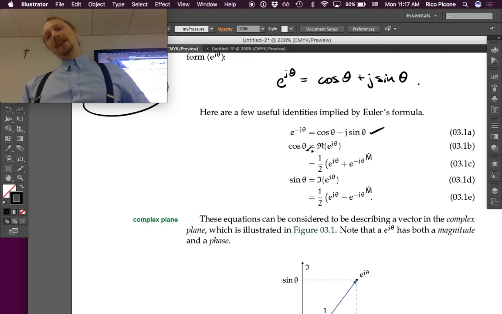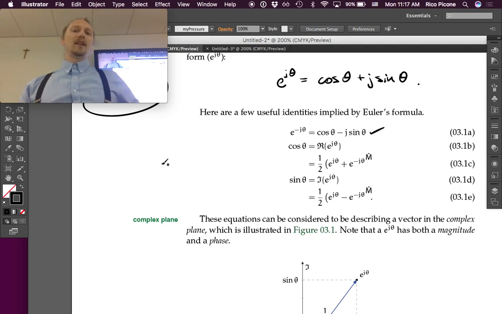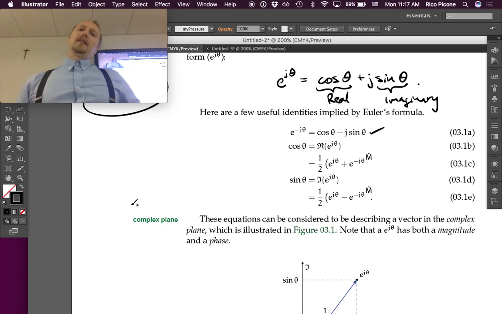So cosine theta, we can say is just the real part of e to the j theta. Now, we see that from this, right? This is the real part. And this is the imaginary part. Now, a little note on notation here. In the printed stuff, I'll use this notation where it uses that fraktur font, which is really cool, which would work well for tats.